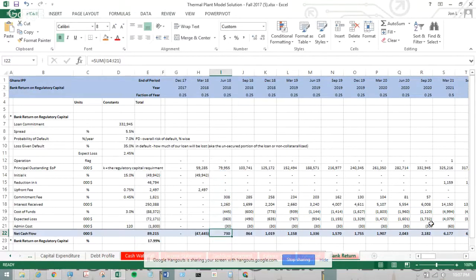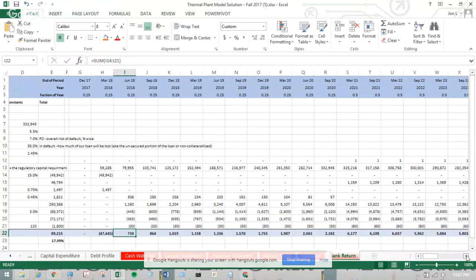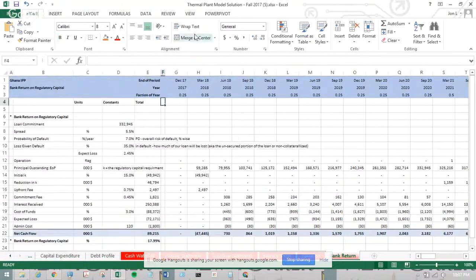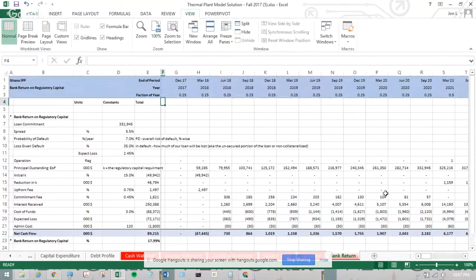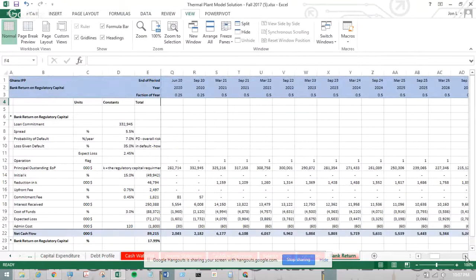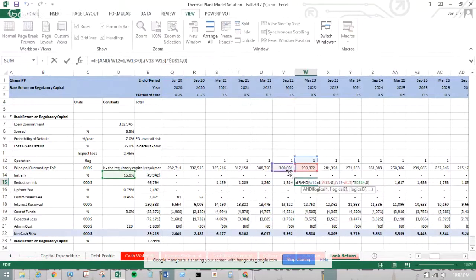And just remember your reduction in K. You can check out the formula. It's really just the difference.